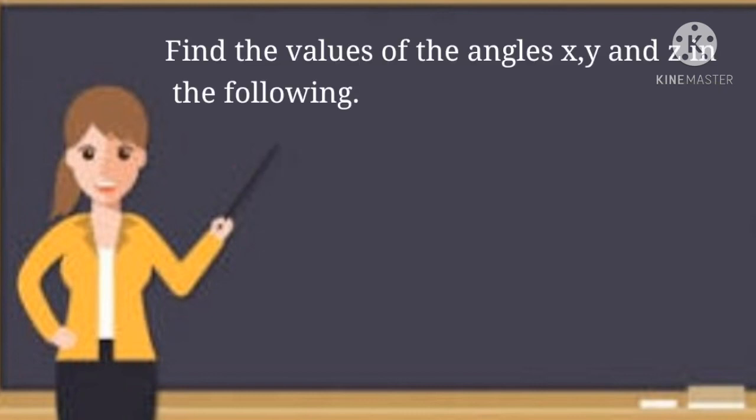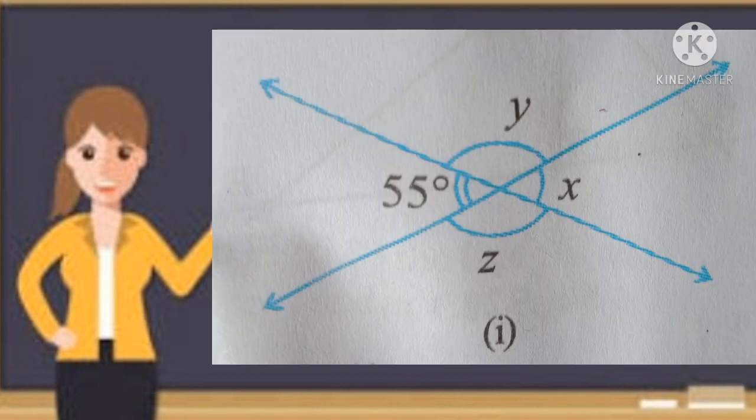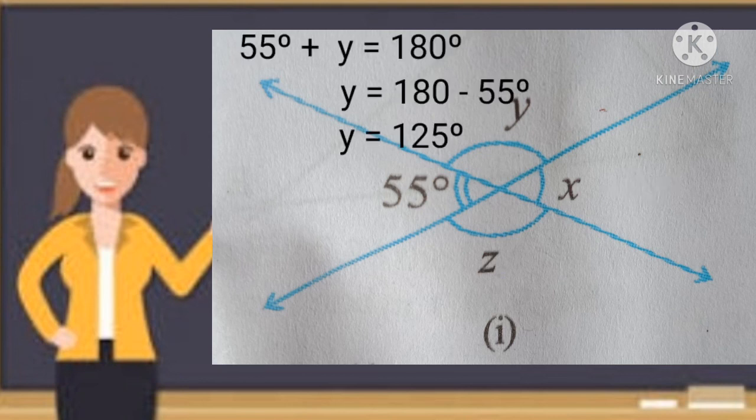Now find the value of the angles x, y and z in the following. 55 is a given angle and 55 degrees is vertically opposite to angle x. Therefore, angle x is equal to 55 degrees. Next one. 55 degrees plus y is equal to 180 degrees because they are a linear pair.